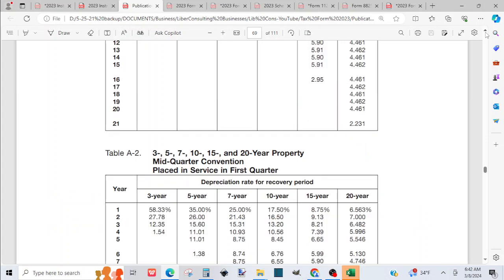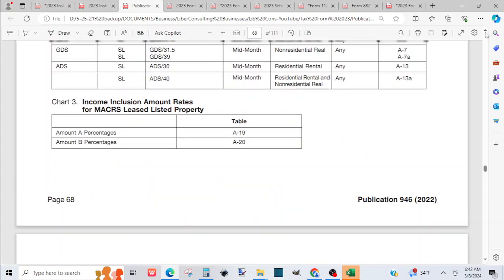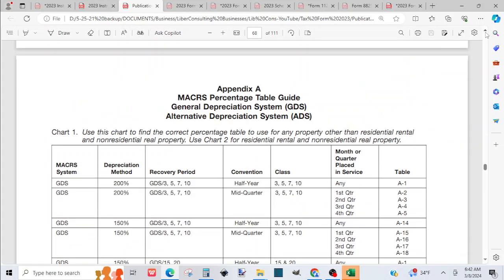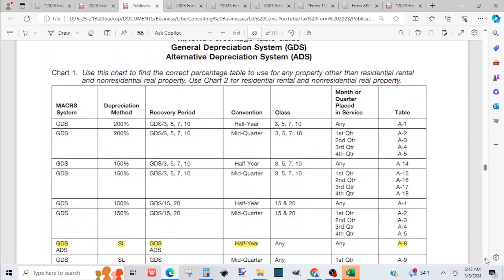So appendix A, MACRS percentage table guide, general depreciation system and alternative depreciation system. So now that we have the recovery period, we have the MACRS system we want to use, we need to choose the depreciation method we want to use, and that will guide us to find the rate to use.